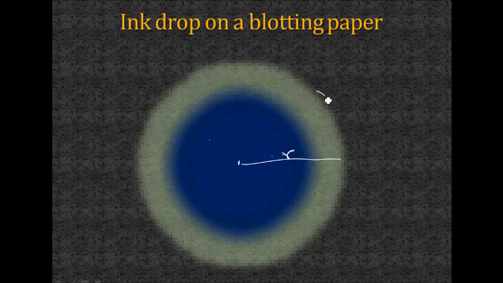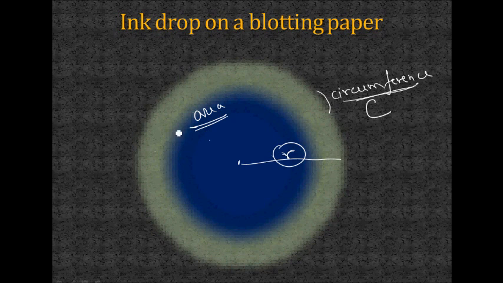As the radius changes, the circumference changes, and as the circumference changes, the area also changes. So there are three things that change here just because it's spreading around on the paper. Okay, so we can call this C, we can call this A. So there is a change of radius, there is a change of area, and there is also a change of circumference with respect to time.